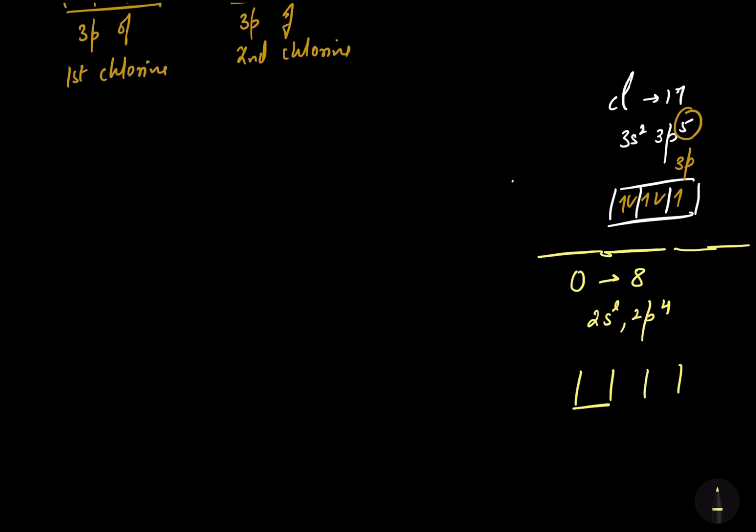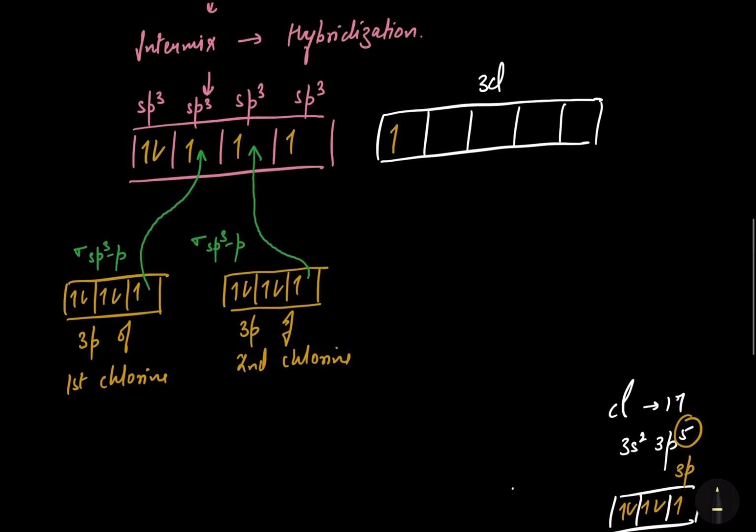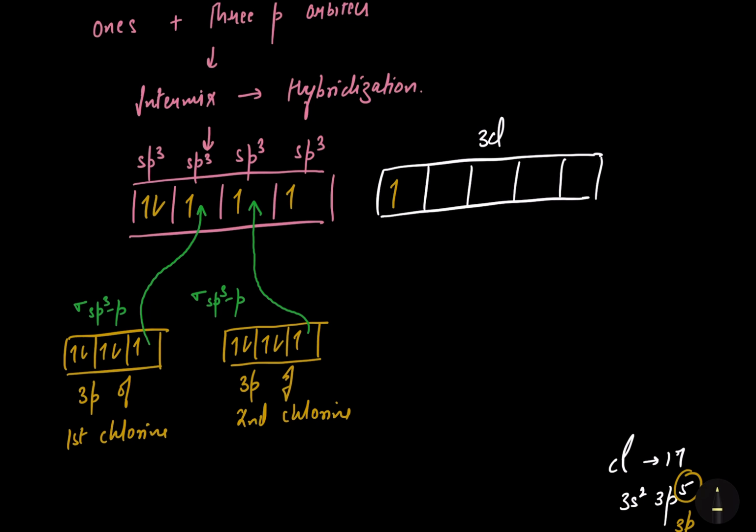We are having 3 orbitals in 2p. So that's the 2p of oxygen. It's having 4 electrons. So that's the first, second, third, and the fourth.